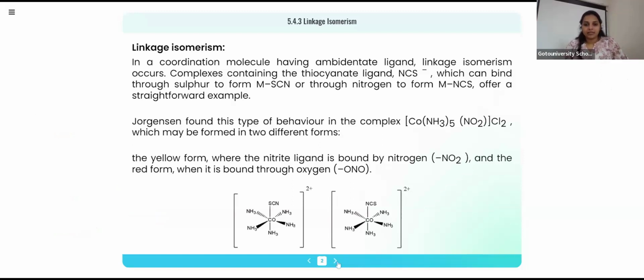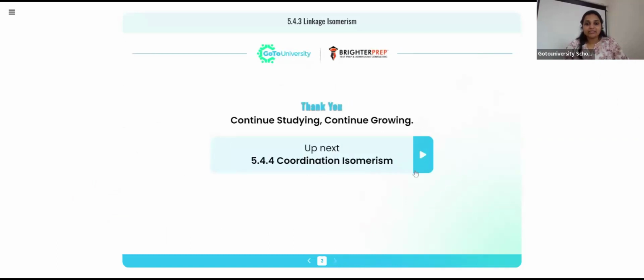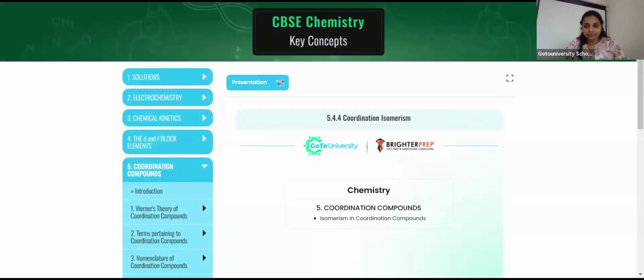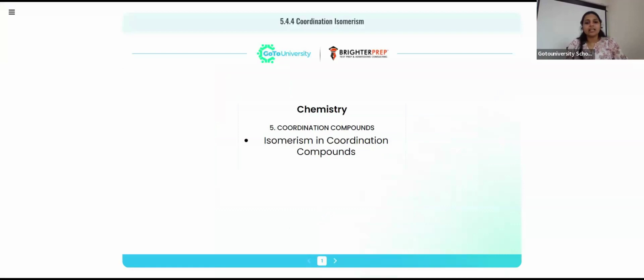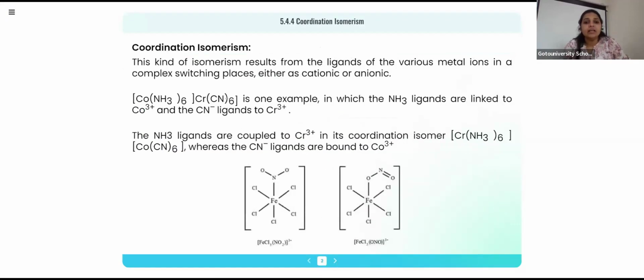Okay. Next type of isomerism is coordination isomerism. Coordination isomerism results from the exchange of ligands between various metal ions. Here you can see this is the complex, Cr(NH3)6, and the second one is Co(CN)6. What is the difference here?